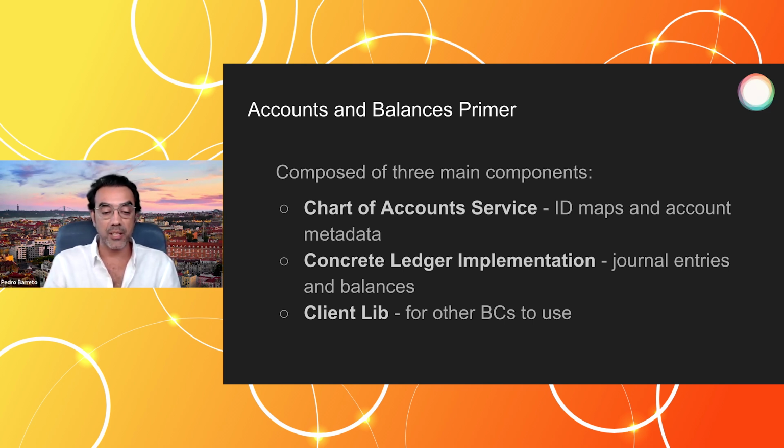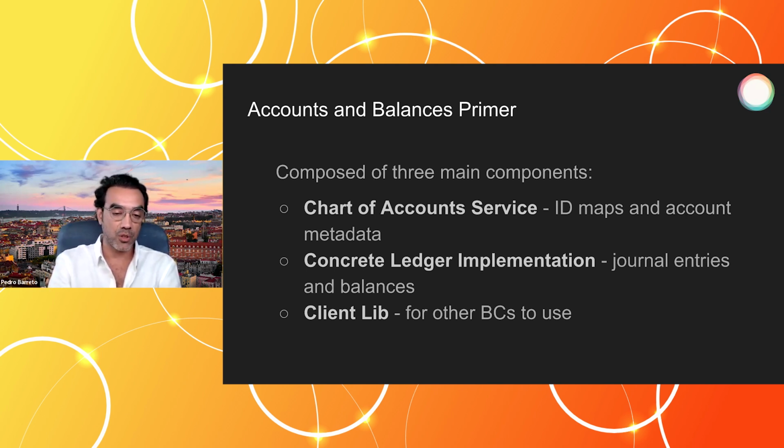And that external ID is the one that belongs to the concrete ledger implementation. So the chart of accounts service has one very important function: to hold that map between the identifier of an account inside Mojaloop and in the ledger implementation, and also the account metadata. So the life cycle and the state of the account.